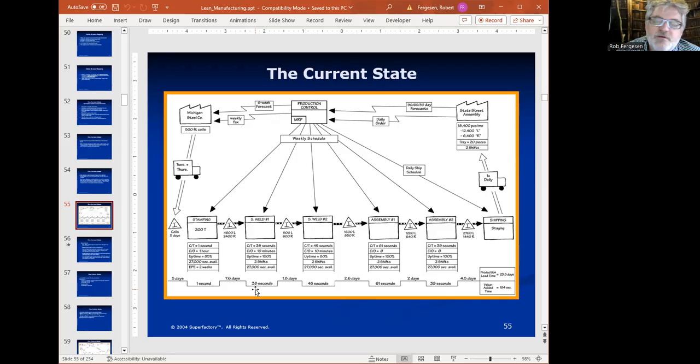And for each one of those steps, you're going to see some details about how long it takes, how efficient, how much uptime that machine has, how many shifts are running, and how much total available time there is for that particular operation. And you're going to see little eyes in there for inventory. And the inventory should show you that there is inventory moving from step to step to step.